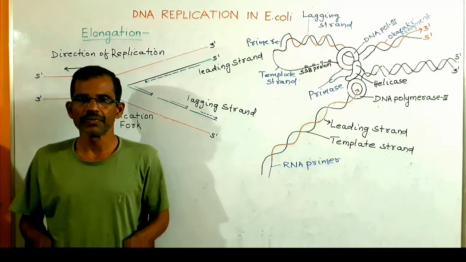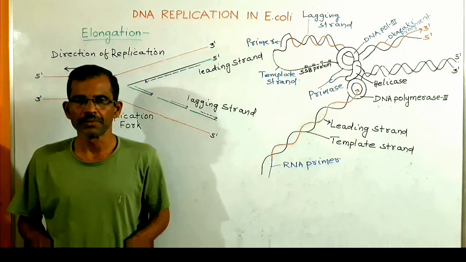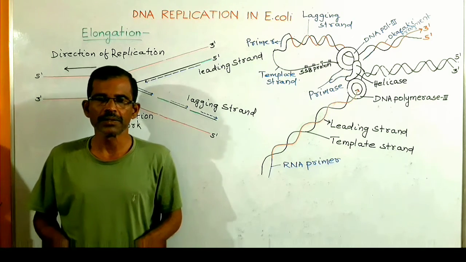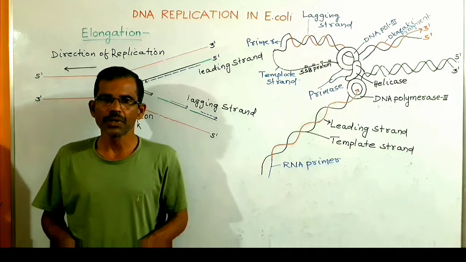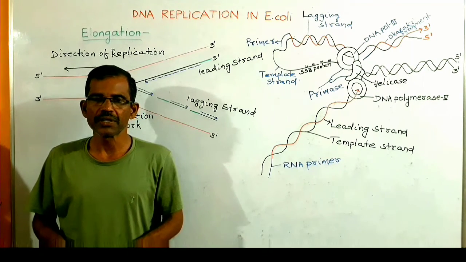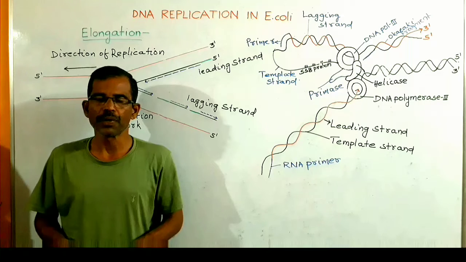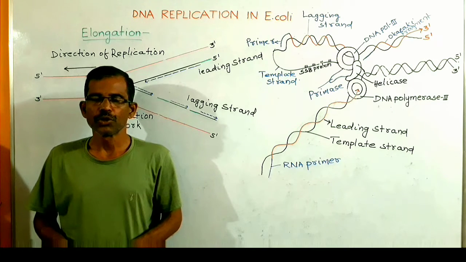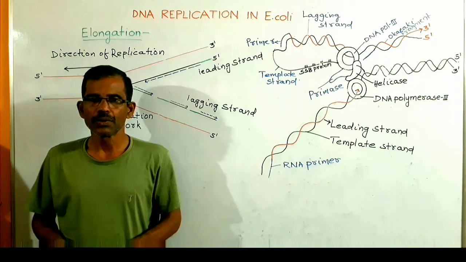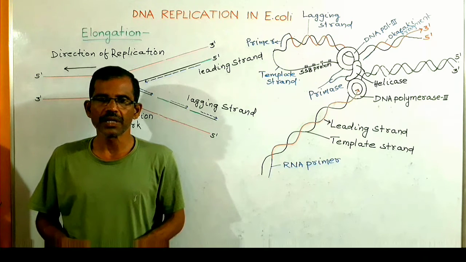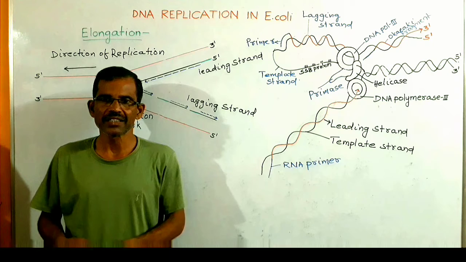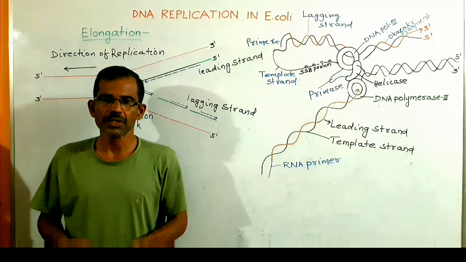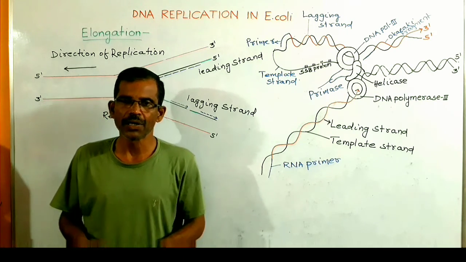Elongation is the second phase of DNA replication. In elongation, the enzyme DNA polymerase III adds nucleotides to the free 3-hydroxyl group of an RNA primer. By adding nucleotides to the free 3-hydroxyl group of a primer, the chain is extended, and this process is known as elongation.